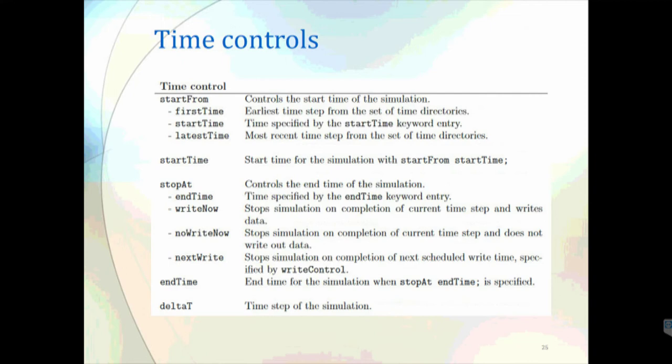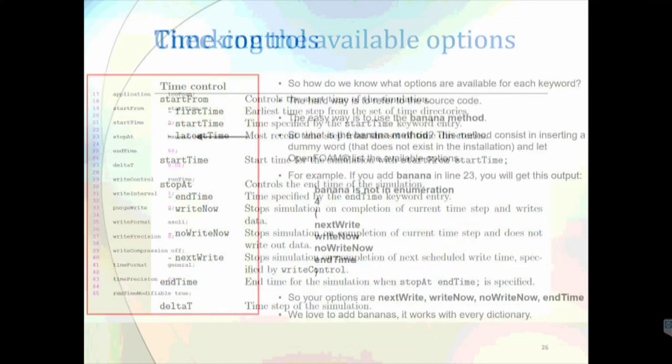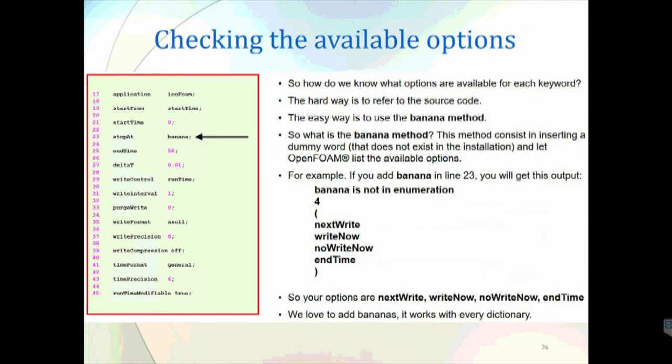This is another slide explaining the definitions of all of the things that were discussed in the last slide. Moreover, you will notice that some variables have some options, like startFrom can have an option startTime, or writeControl can have an option runTime.